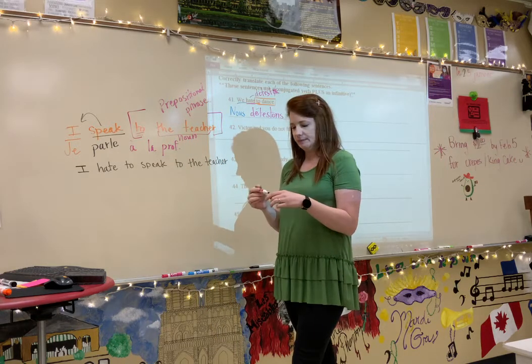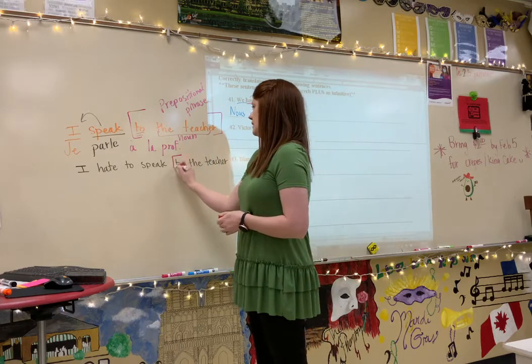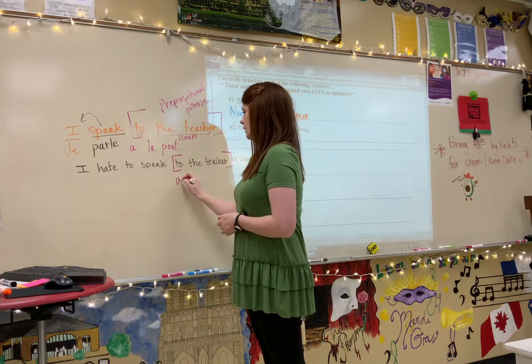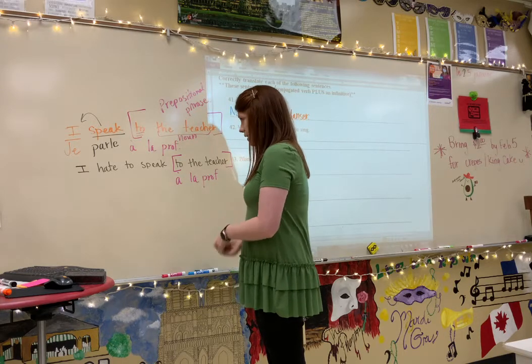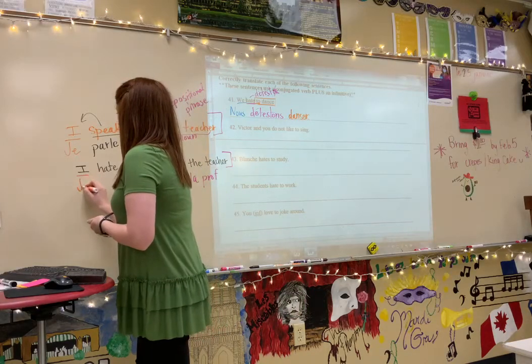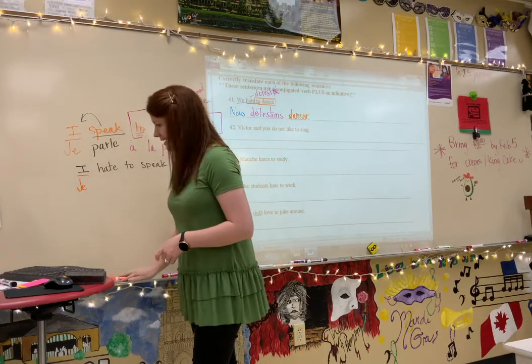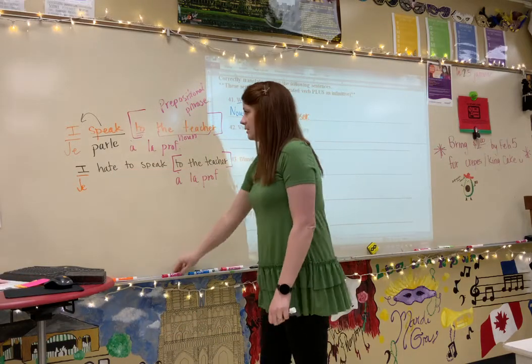That's relatively easy. What's a little more difficult, all right, you still have this prepositional phrase here. You still have "I" over here. But your verb that you conjugate changes, okay? So now you have "hate to speak."